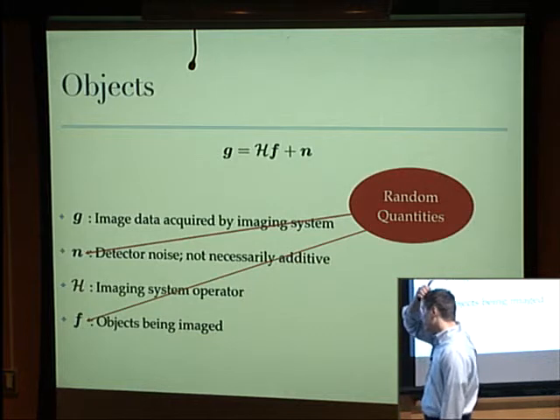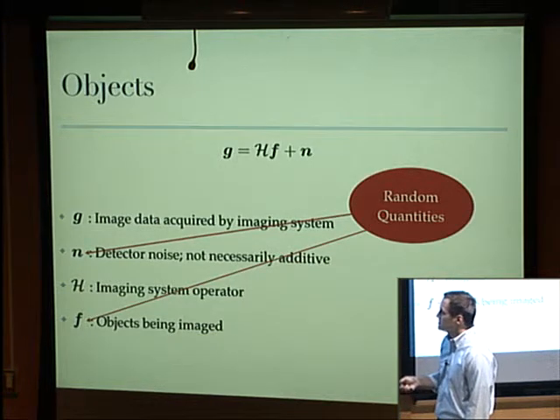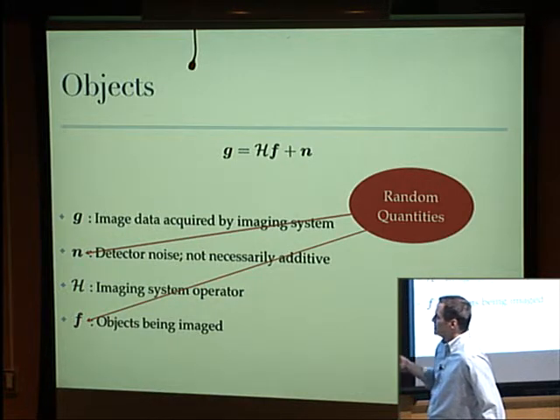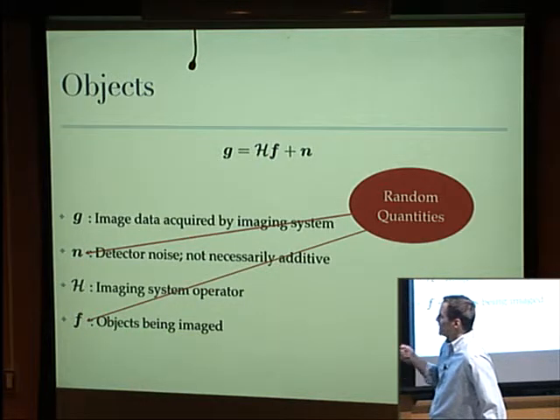Now, I've tried to minimize equations in this talk. I'm going to have 2. This is the first one. But the thing I want to drive home here is that this is a stylized representation of imaging. F here is the object that you're imaging. It's the patient in the system, the animal in the system. N here is the detector noise.